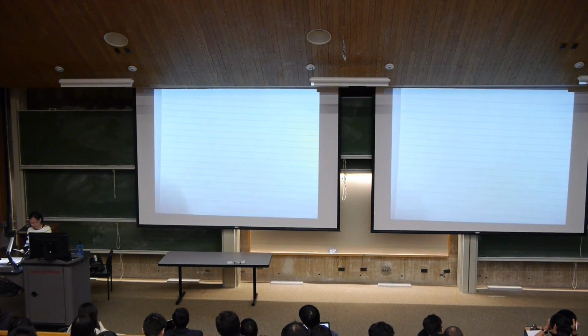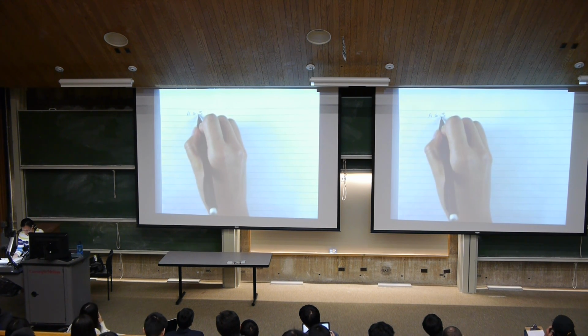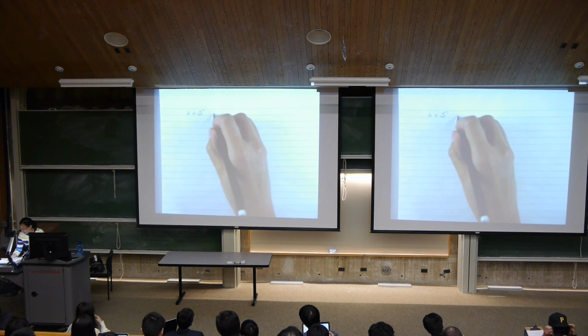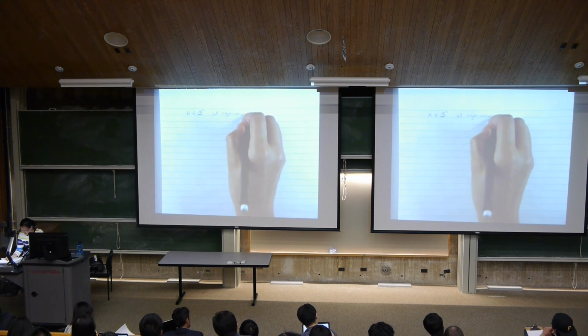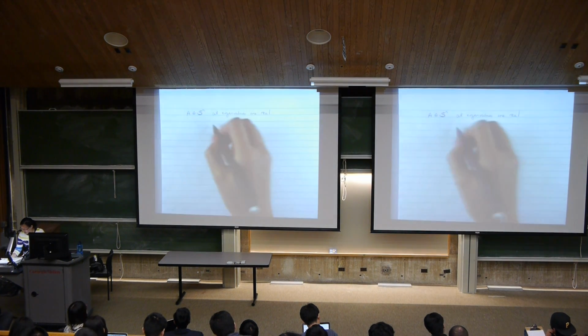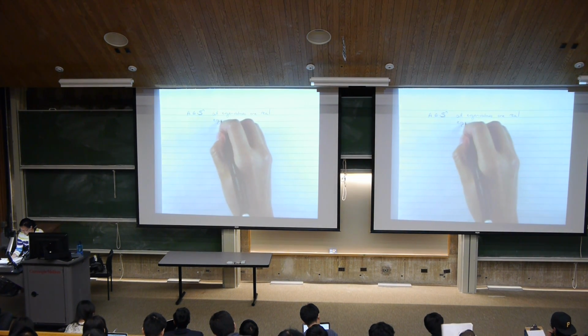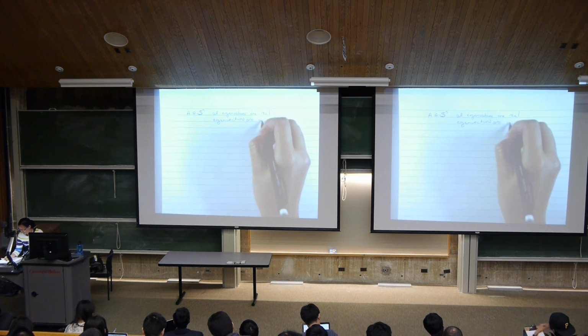Okay, so this is the derivation about positive definite. If you have a symmetric matrix, then all the eigenvalues are real, and all the eigenvectors are orthonormal.